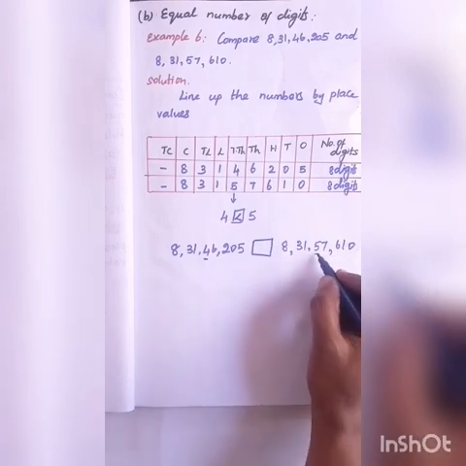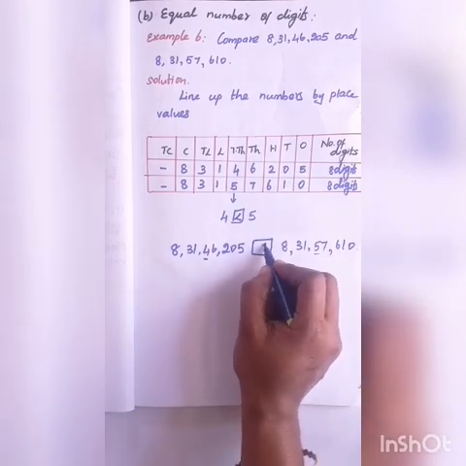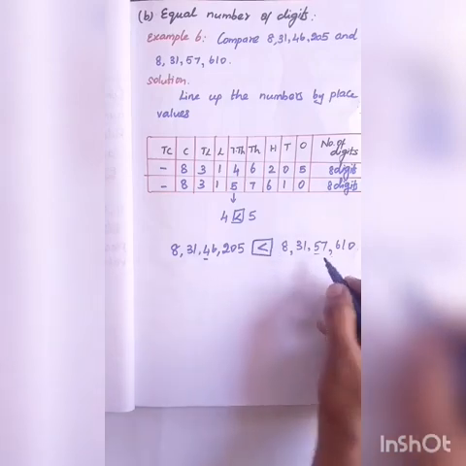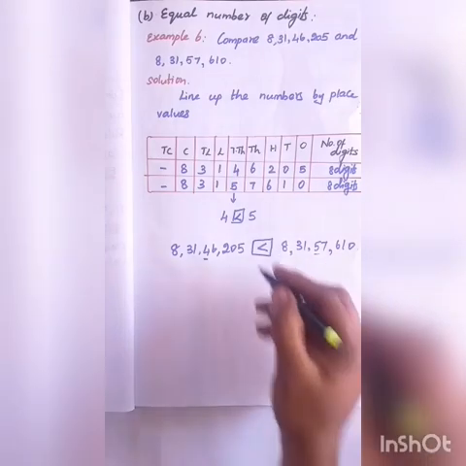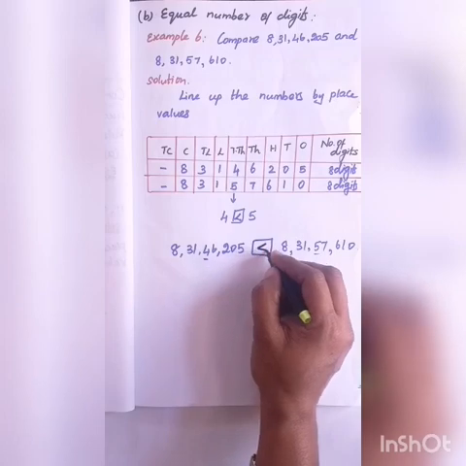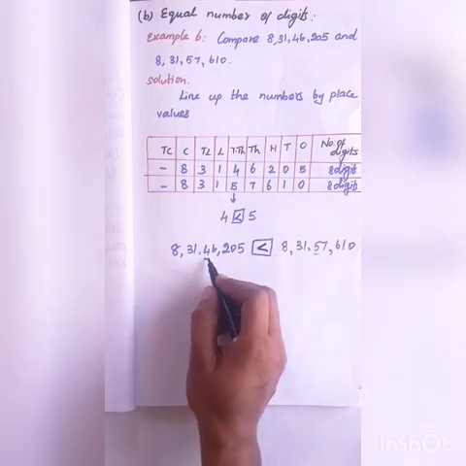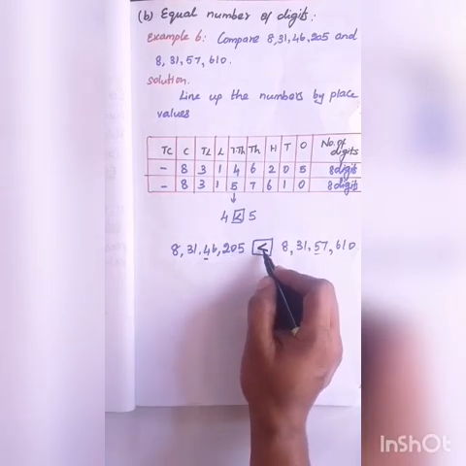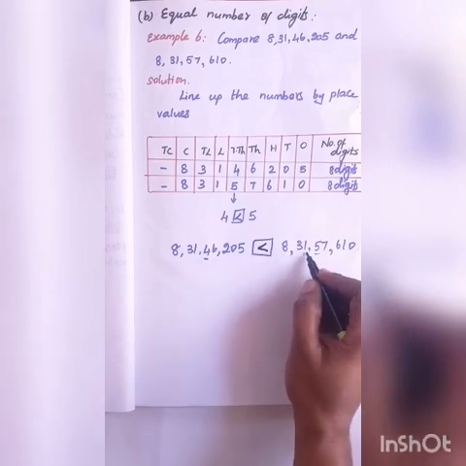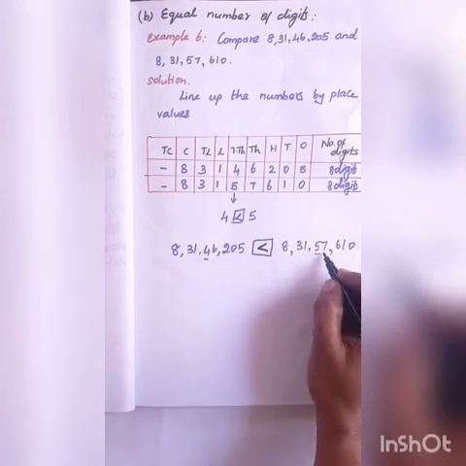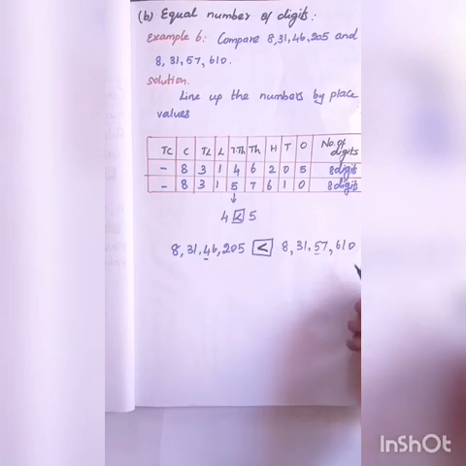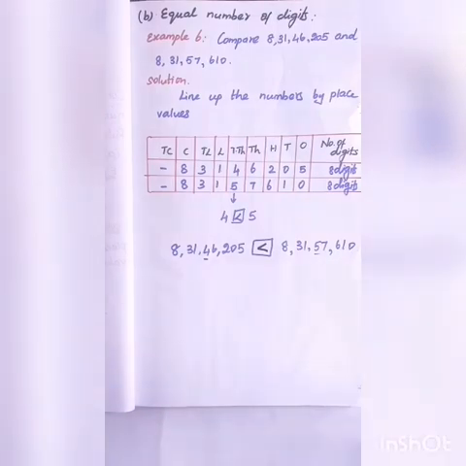Here you have 5. So which is greater? This one is greater. So this number, 8 crore 31 lakh 46,205, is less than 8 crore 31 lakh 57,610. In this way you have to compare and find which digit is greater or smaller.